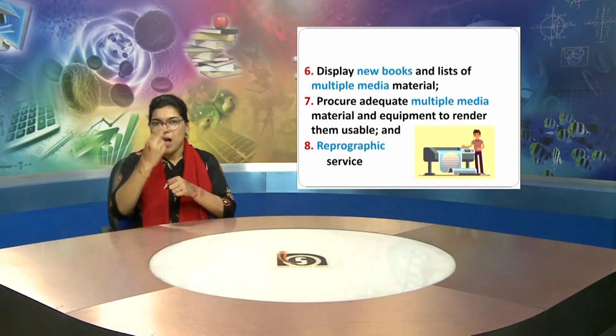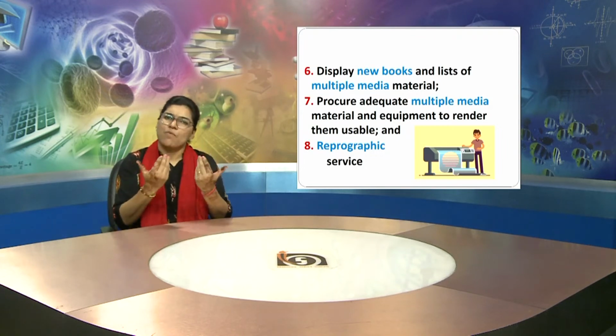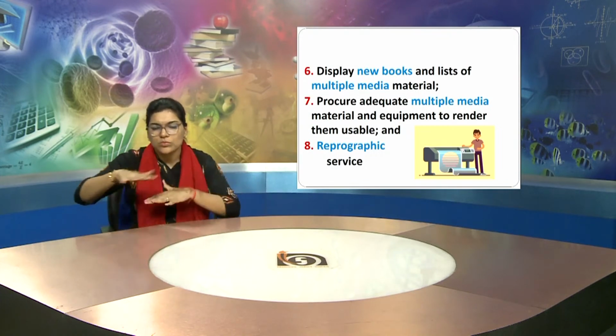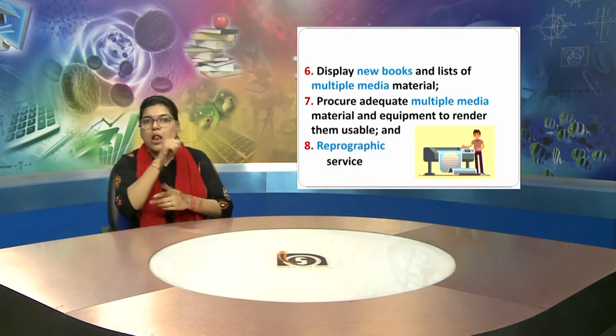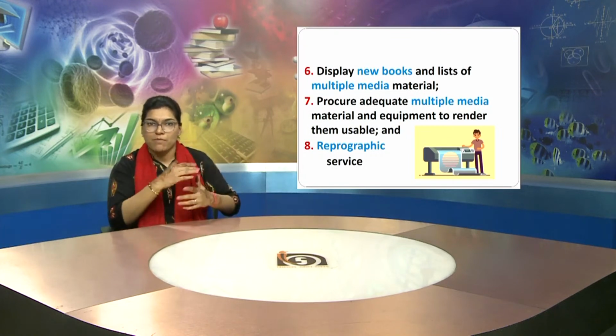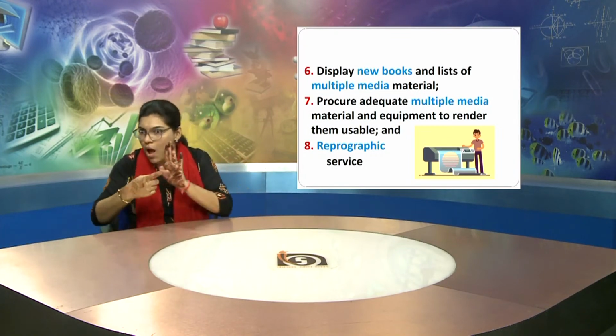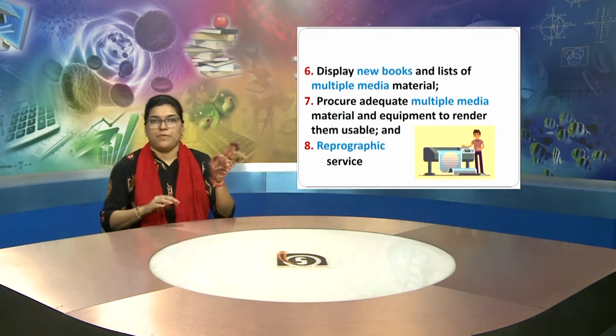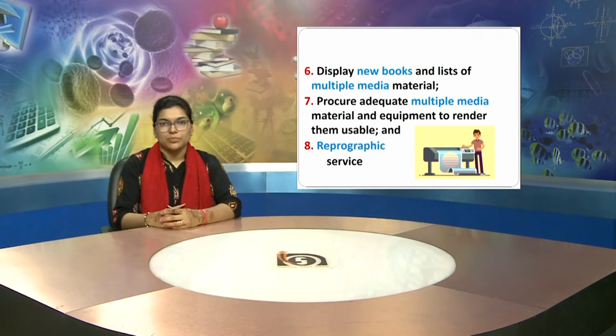The eighth service which is provided by the library is the reprographic services. Like sometimes some graphics, images or something important is required by the user. So the library provides all these services.